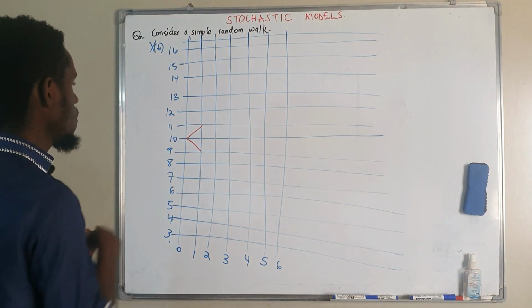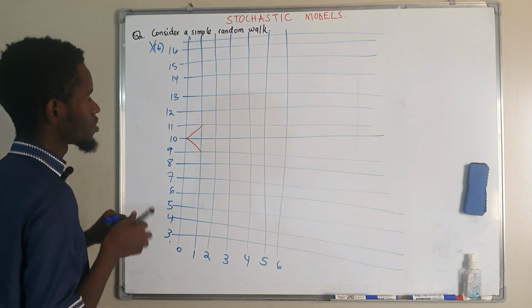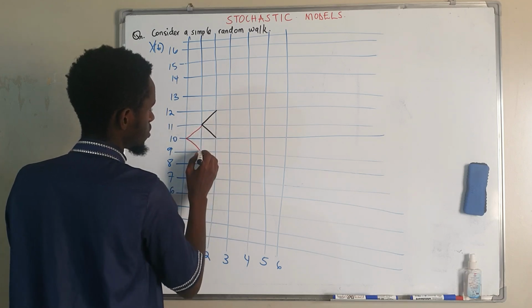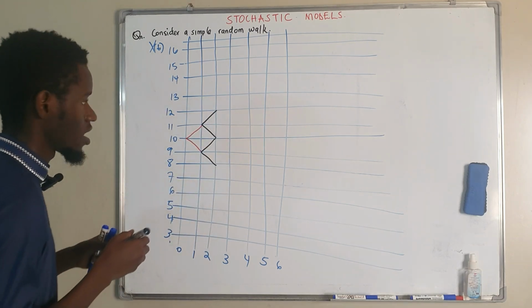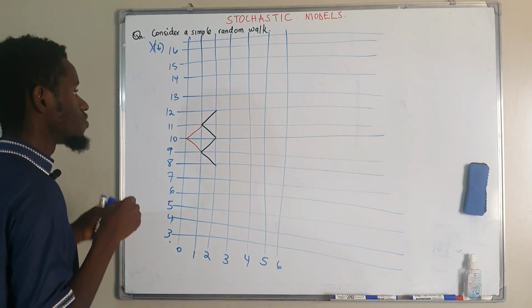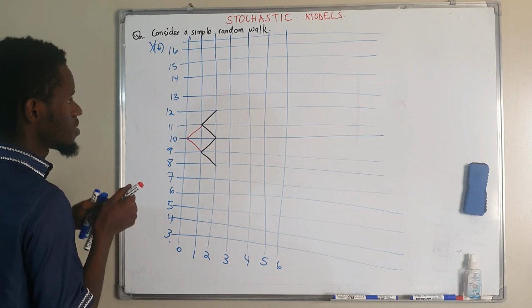Now, when I move up again, I can also move by positive 1 up or move by negative 1 down. I move up, then I move down again. This is my x2. Then from that step again, I can either move up or move down. I think let me continue using the same color.